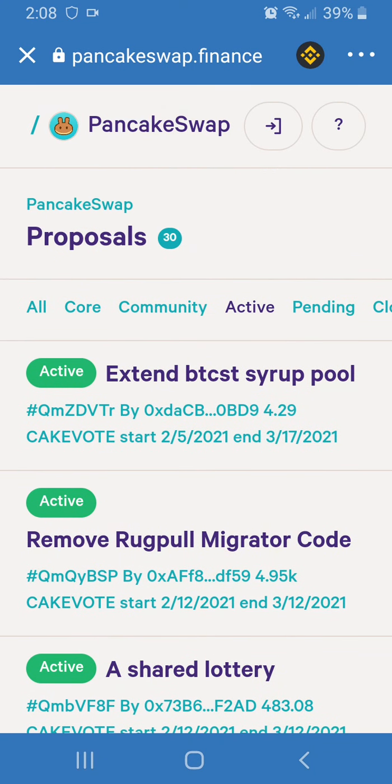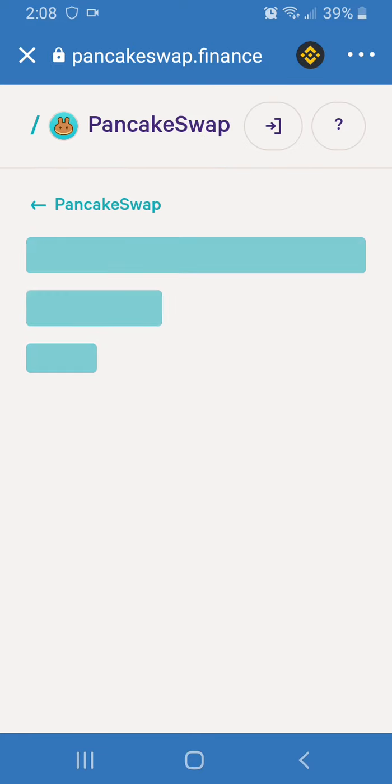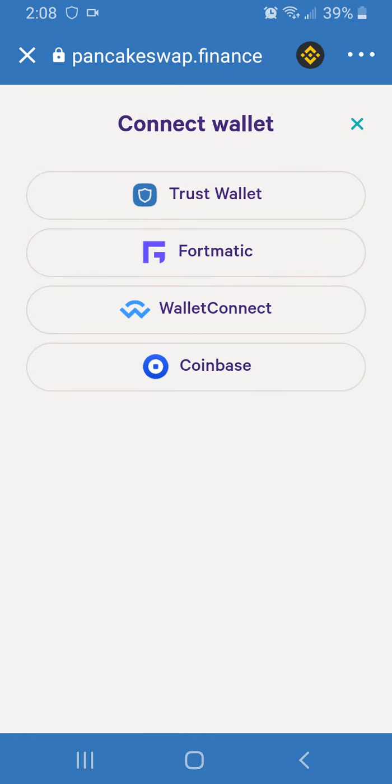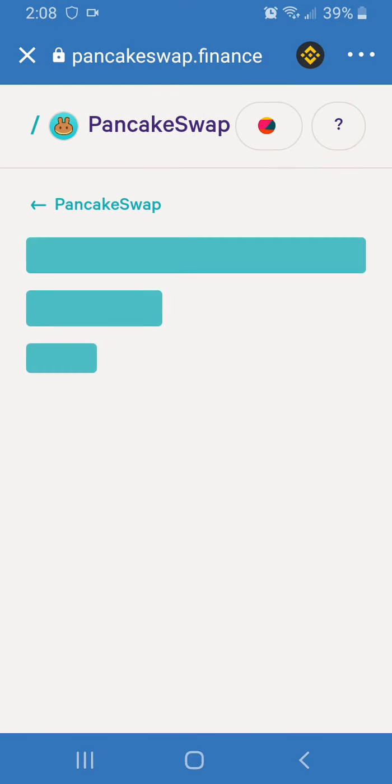I haven't actually been able to get any votes on here. It just does this strobing right here. When I go up to here, connect the wallet, I'll connect my Trust wallet. It seems to indicate that something's changed, but it just sits and strobes.